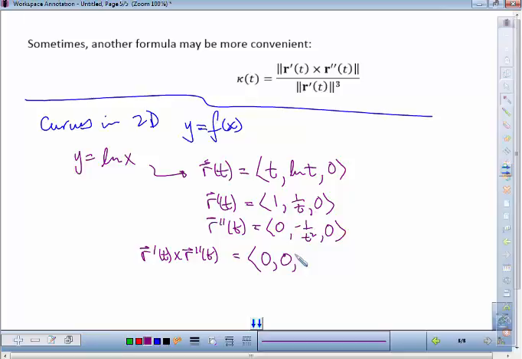So immediately you can see that the x component is 0 and the y component is 0. This thing's just going to be going straight up or down. So the only thing left to do is find out what's happening in the z. In the z, I got negative 1 over t squared minus 0. So that was a simple cross product.